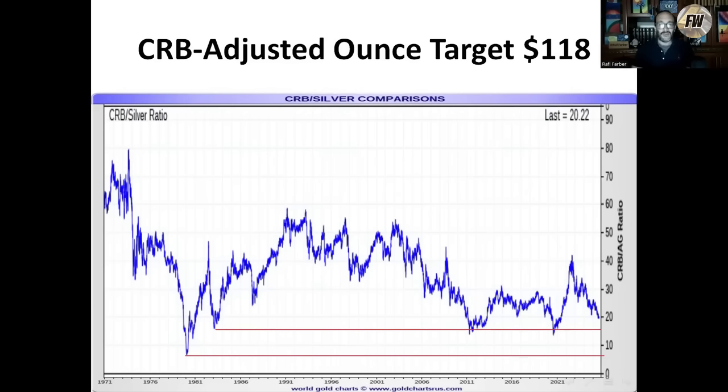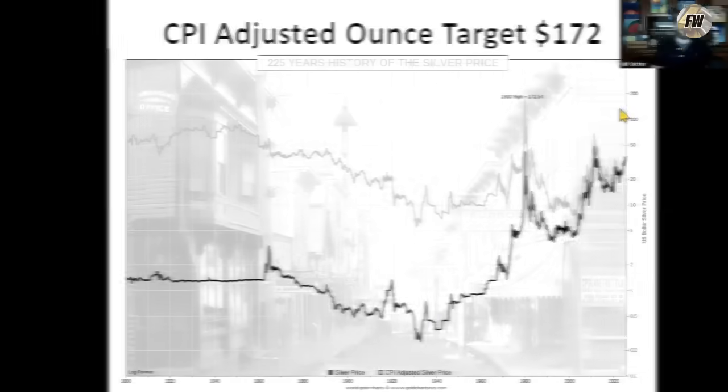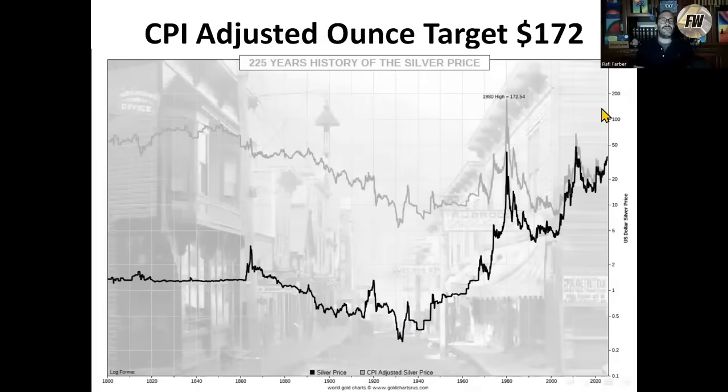We're going to go to the next one, which is this CPI adjusted ounce target. A lot of people are fans of this one. I'm not a particularly big fan of this ratio because the CPI itself is adjusted and manipulated and doesn't make much sense and is very subjective because people buy different things.